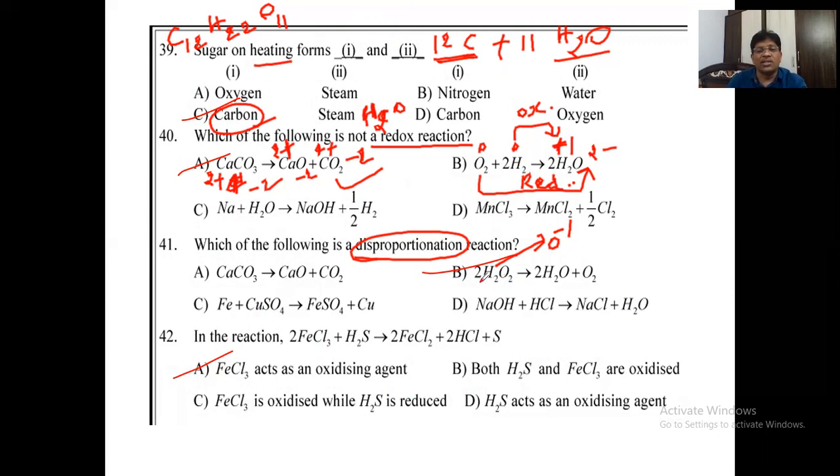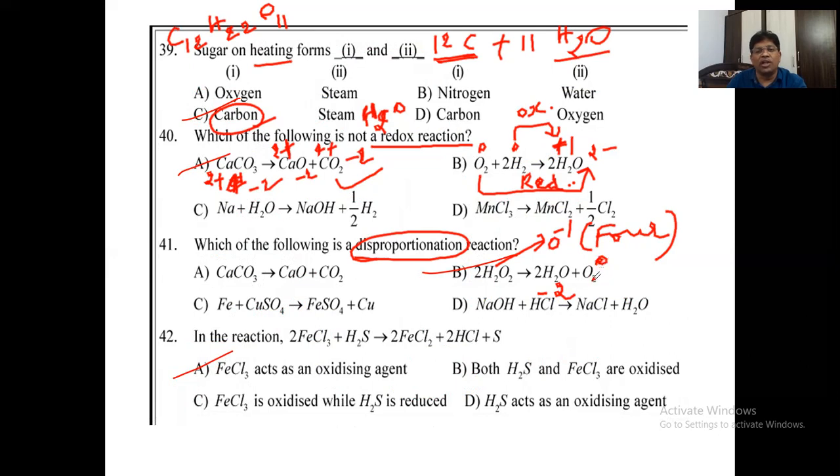How many oxygens are there? Totally 4, 2 into 2. So 4 O- in H2O2. Now in H2O, the charge on oxygen is -2. In the O2 molecule, it is 0. The oxidation state of oxygen is 0.